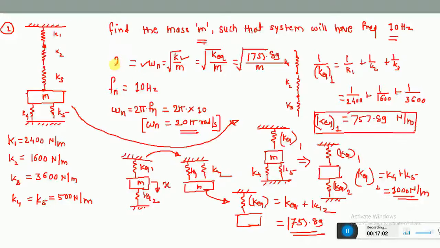This value we have calculated as 20 pi radian per second. So the mass of the system will be, just simplify this equation. So mass is 0.445 kg. So this is your final answer.